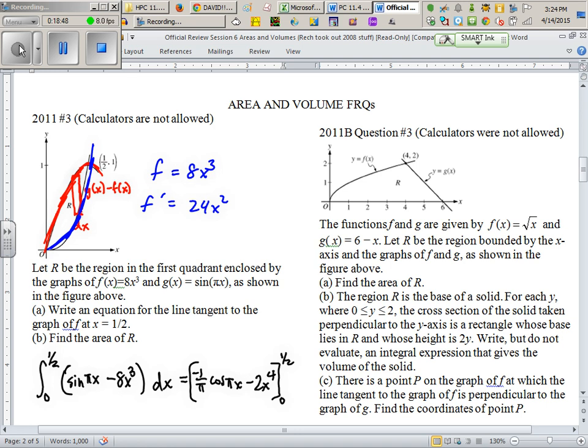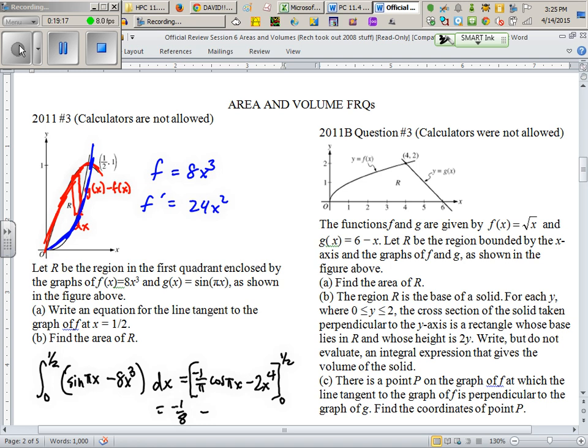So this test is extremely rigorous. Every negative, everything matters, you know? Well, in any case, you're going to be plugging in a half. Cos pi over 2 is 0, though. And you plug in a half here, and you're going to end up with negative 1/8. So just plugging in the half gives me negative 1/8. Plugging in the 0, the cos pi x becomes 1.